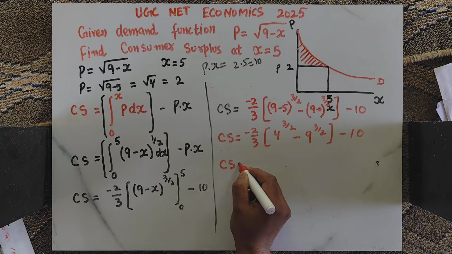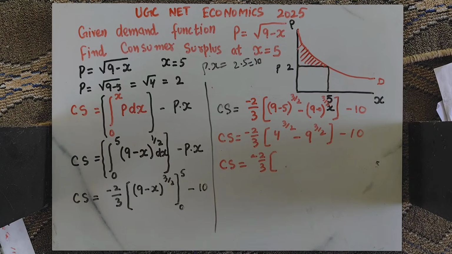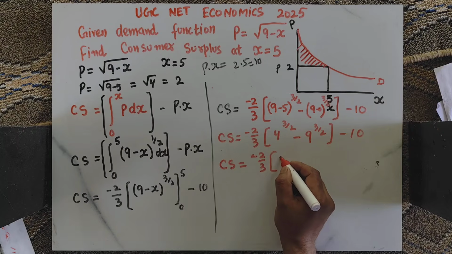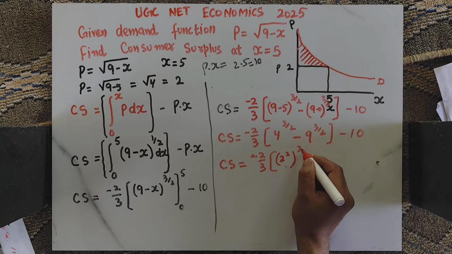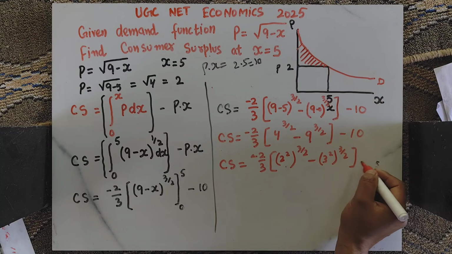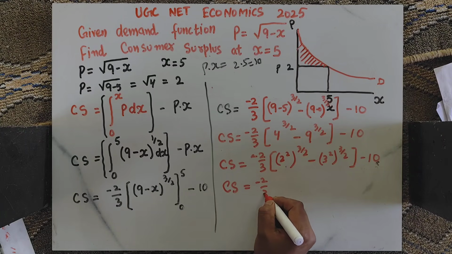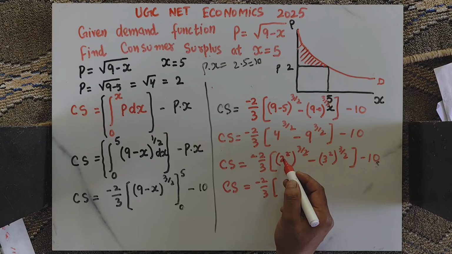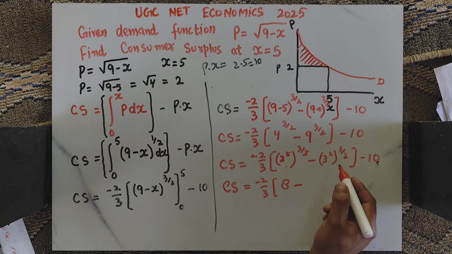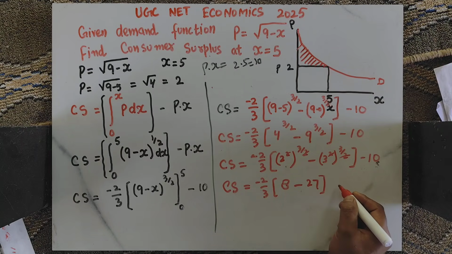So consumer surplus will be equal to minus 2 upon 3. Now we can write it as follows. Here 4 can be written as 2 square raised to the power 3 upon 2, and in place of 9 we can write 3 square raised to the power 3 upon 2, and we subtract 10. Here the 2 and 2 get cancelled, we get 2 to the 4 to the 8, minus, here the 2 gets cancelled, so we get 3 threes are 9, 3 nines are 27, minus 10.